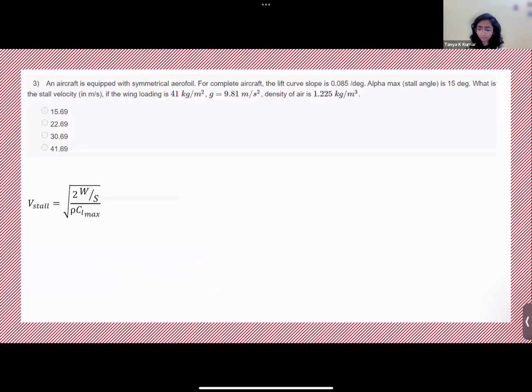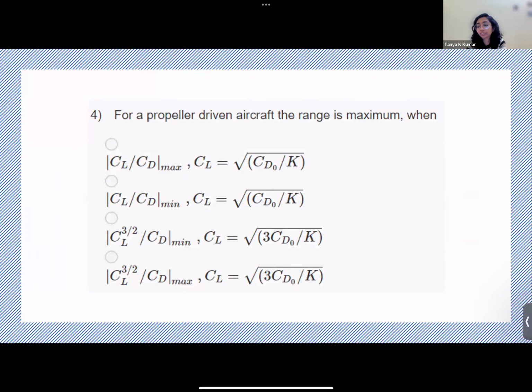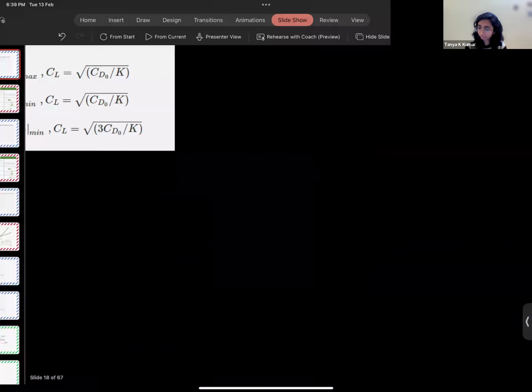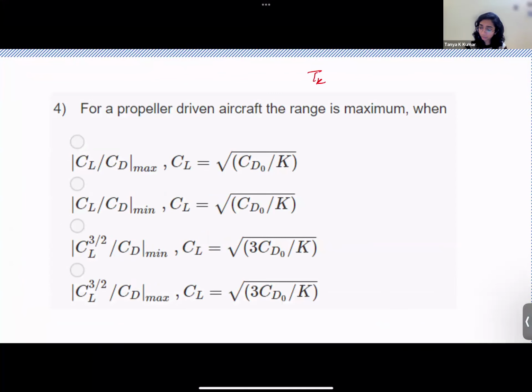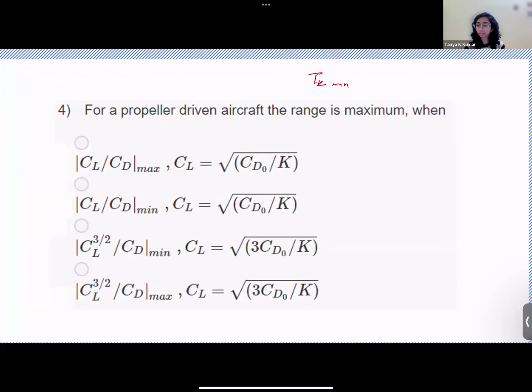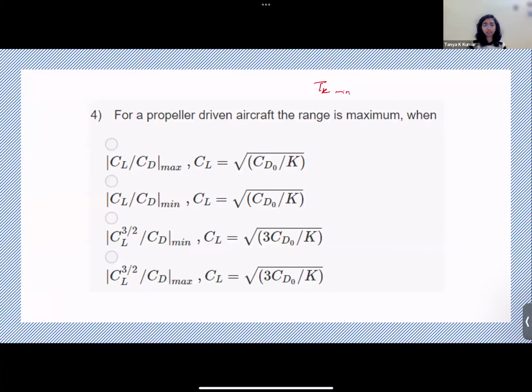This is the formula that we have been using for 2-3 questions now. For a propeller driven aircraft, the range is maximum when? Propeller driven aircraft was the first condition that we saw. So what was it? Minimum thrust required, right? Or minimum drag. So it is TR minimum. So what was the value for CL and CL by CD? What was the condition on CL by CD?